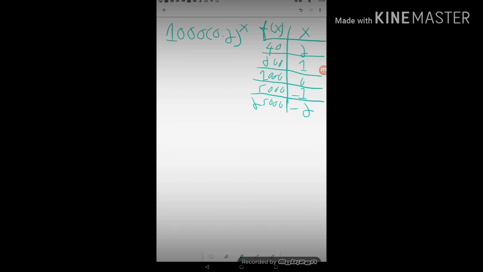Basically, you plug each x value into the x, and each time you have to divide by 5 because the denominator in 1/5 is 5. The trick here is to multiply by 5 every time, depending on where you start.